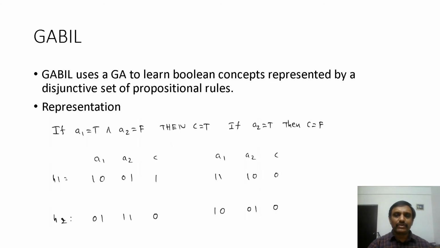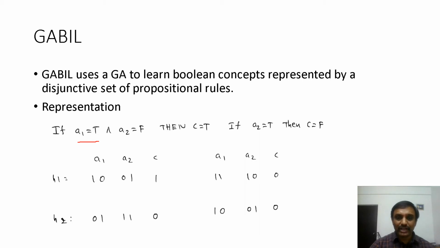By using one example, we will discuss this genetic algorithm. GABIL uses a genetic algorithm to learn Boolean concepts represented by a disjunctive set of propositional rules. First, we take this representation: an if-then rule, if A1 equals T, so two attributes are present, A1 and A2.